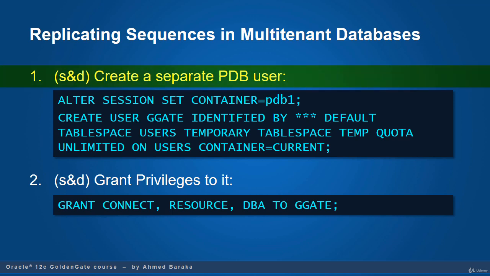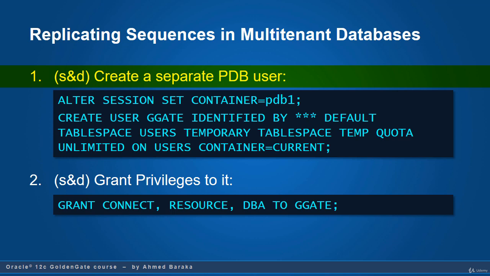First, we need to create a user at the PDB level. This user will be granted privileges on executing procedures to query and update the sequences. Frankly, I don't know why Oracle Golden Gate needs a user separate from the C## user for replicating the sequences, but this is how the standard procedure goes.